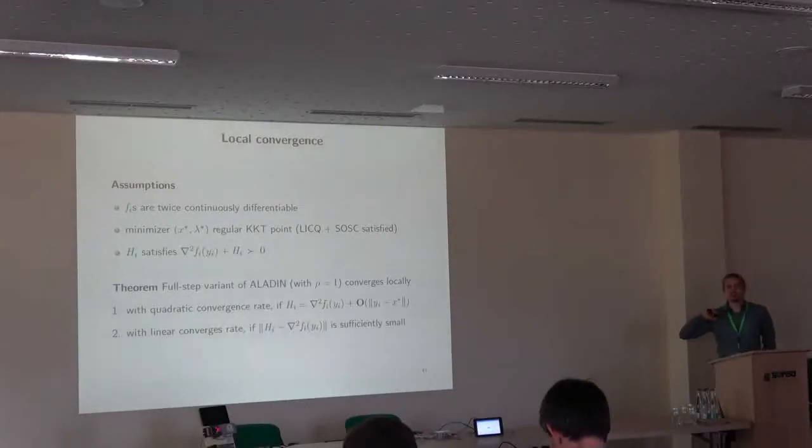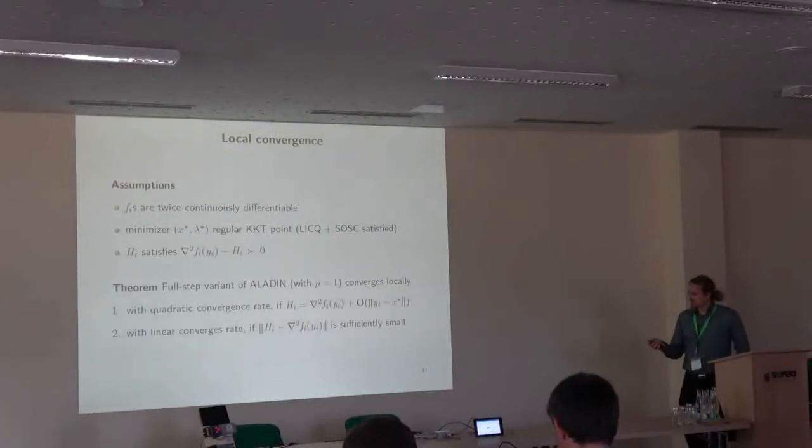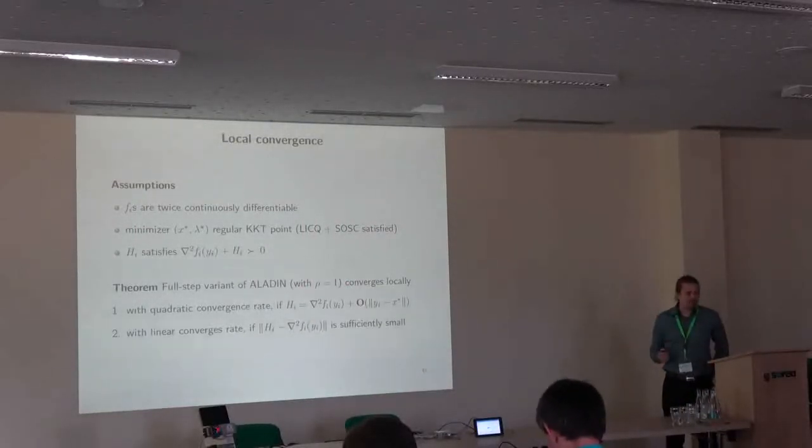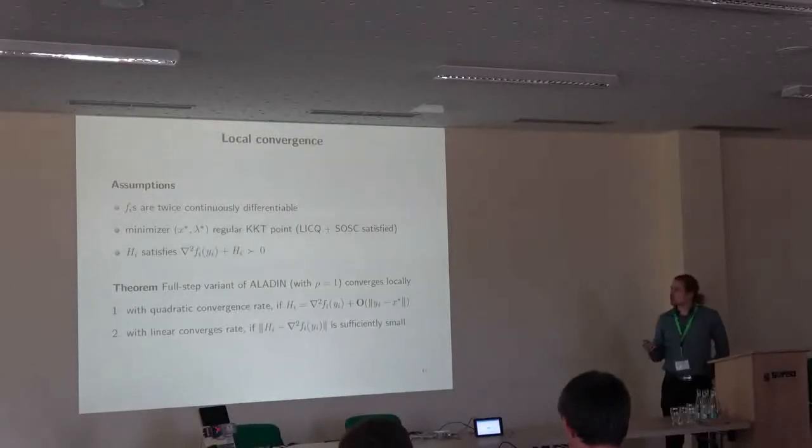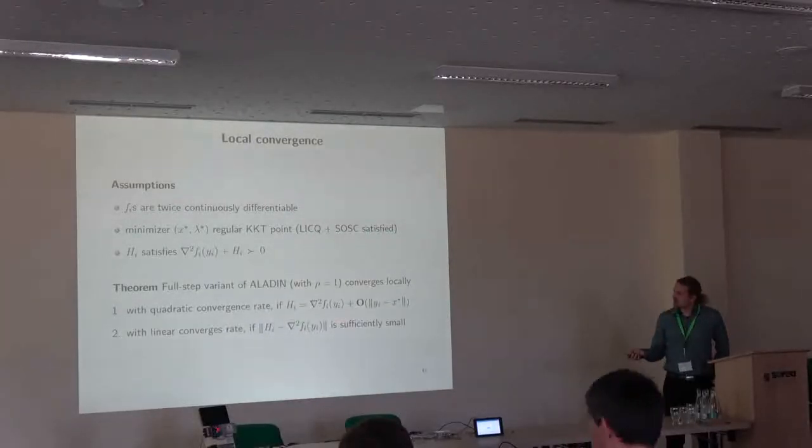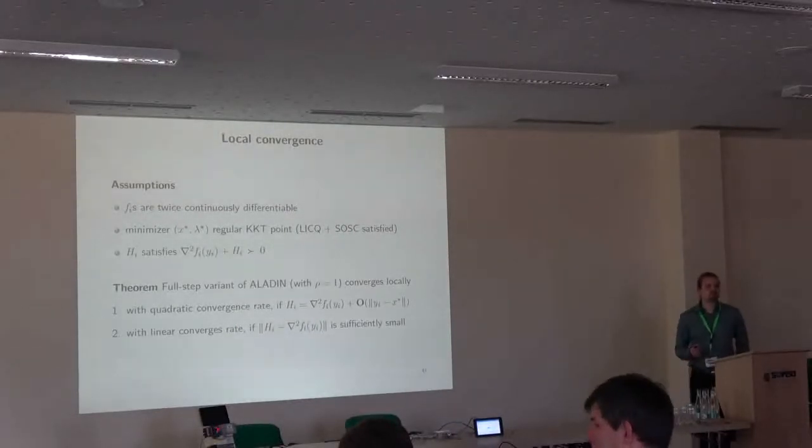The full step variant of Aladin, with rho equal to 1, by the way, we know how to scale the rho, converges locally with quadratic convergence rate if we use exact Hessians, or almost exact Hessians, as long as the Hi converge to the exact Hessian. We get a linear convergence rate if the approximation is not too bad.